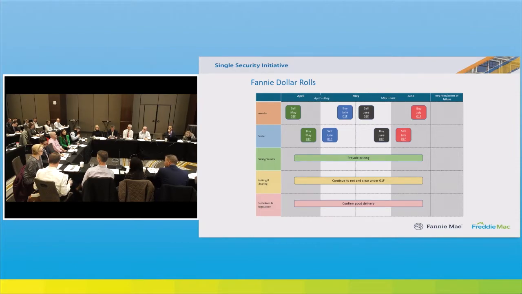And ultimately, those pools roll up to generics and cohorts. So any UMBS pool will still be a part of the FNCL generic or cohort family. So we'll be retaining that symbology to encompass all of UMBS, whether it be Freddie issued or Fannie issued specified pools at that time as a result of those TBA trades in the beginning.